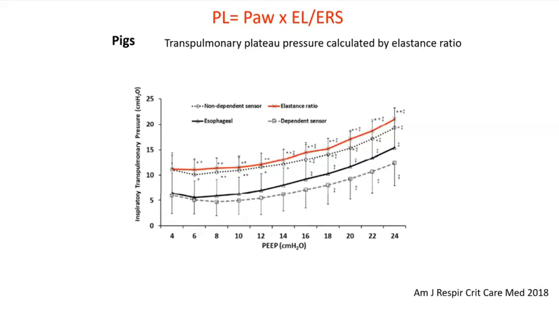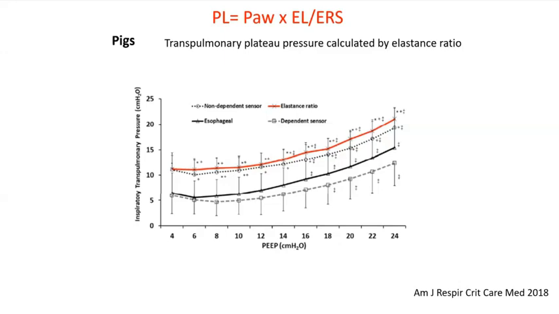And so interestingly, this calculation, so you take the plateau pressure, you multiply by the ratio of lung to respiratory system elastance. Let's say you have a plateau of 30, you have 80% of ratio, it means your lung pressure at end inspiration is 24.